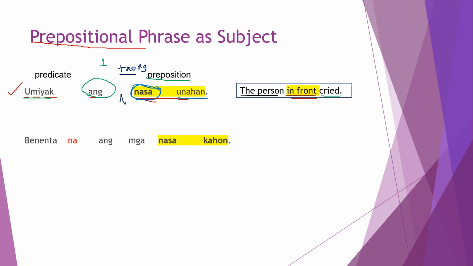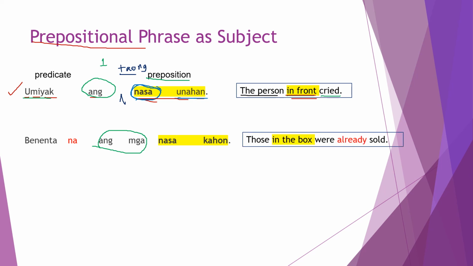Another example is this one. Binenta na ang mga nasa kahon. Again, we've seen the word ang mga. And ang mga shows plurality, right? Or more than one. Okay. The translation for this is those in the box were already sold.